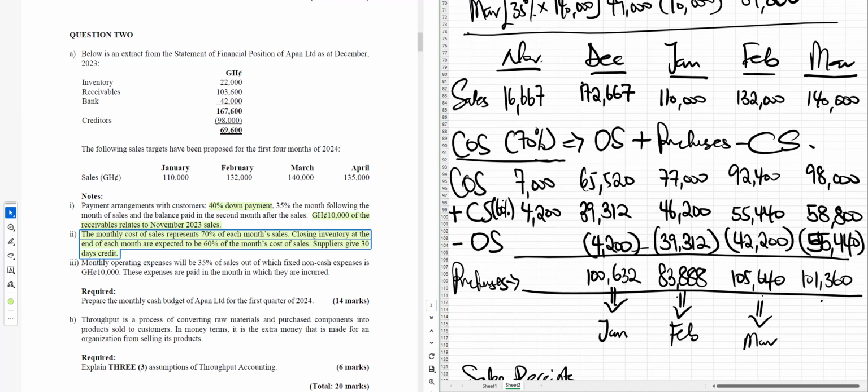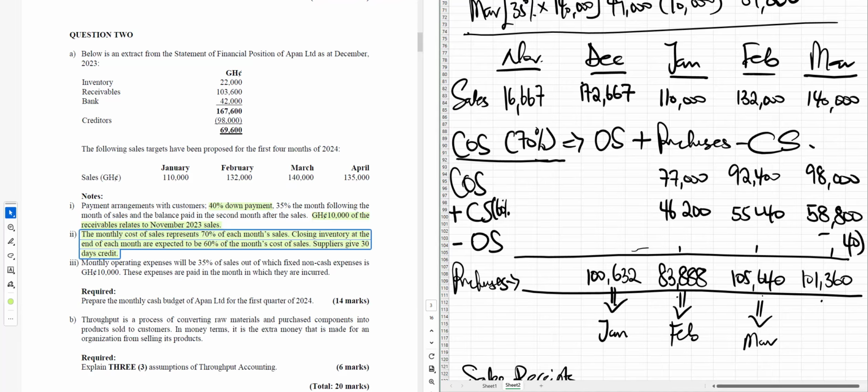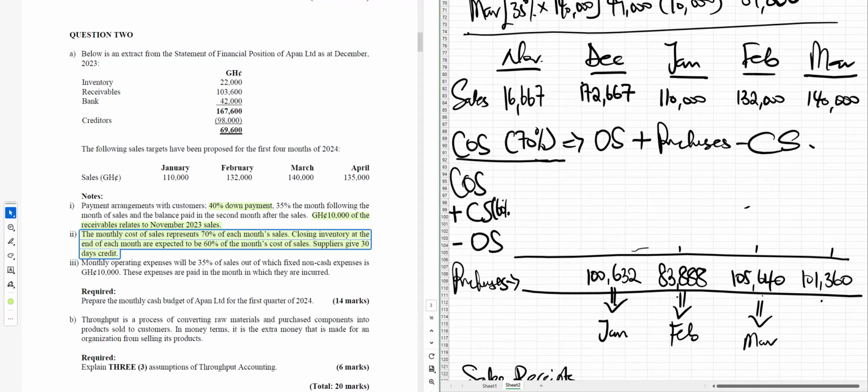Why are you lost? I mean the balance expressing it, I'm grossing it. Let me explain. 40% down payment, right?